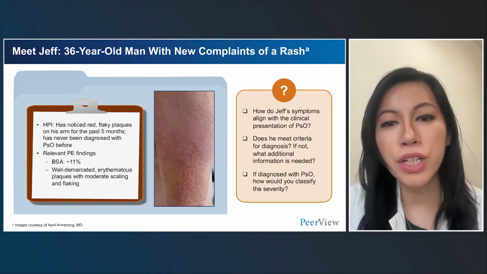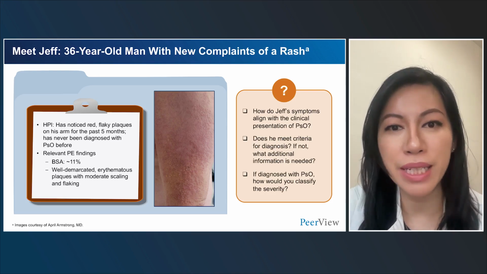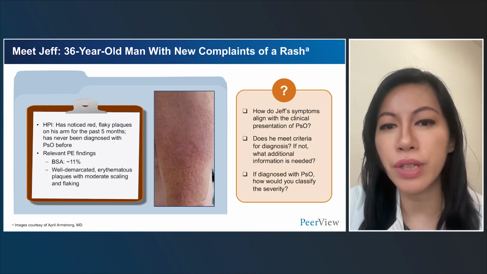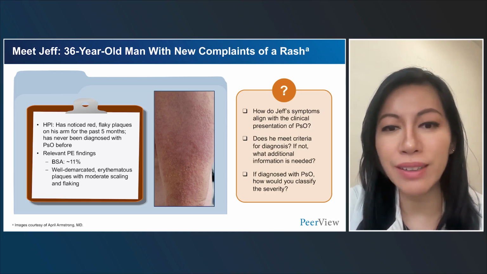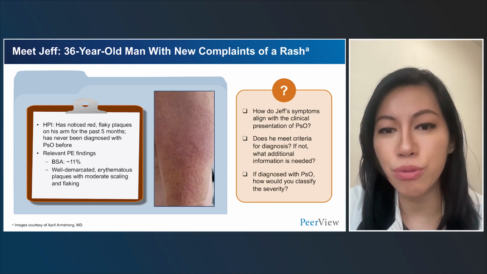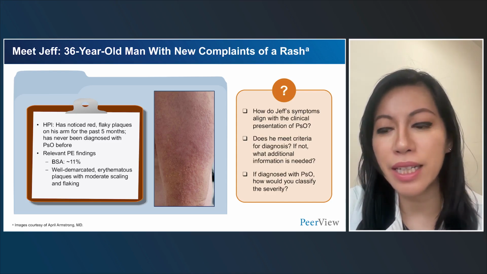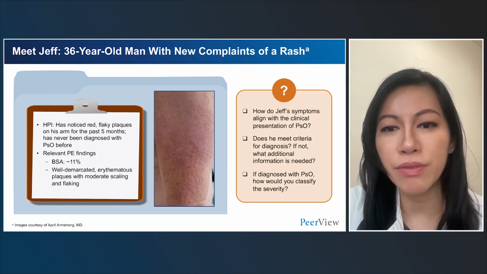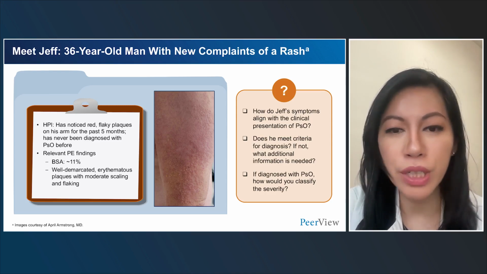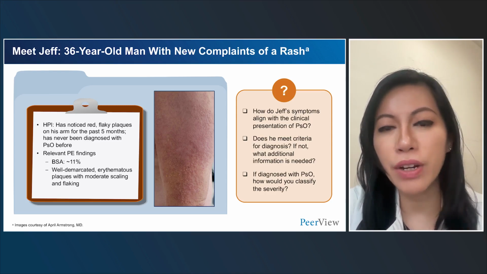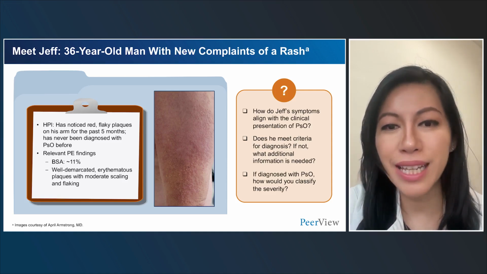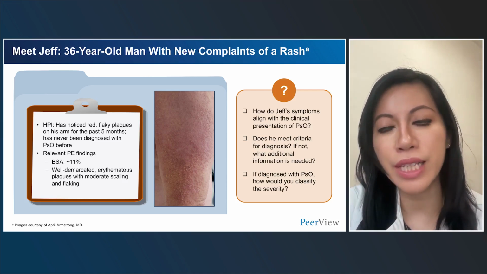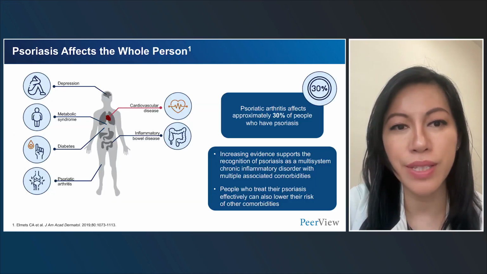Additionally, in our patients with more darkly pigmented skin, it's important to know that psoriasis often presents as a darker violaceous color, sometimes even gray, and sometimes more of a bluish purple coloration. So it's very important to understand that psoriasis may not present classically as the red color that you see in lighter skin individuals.